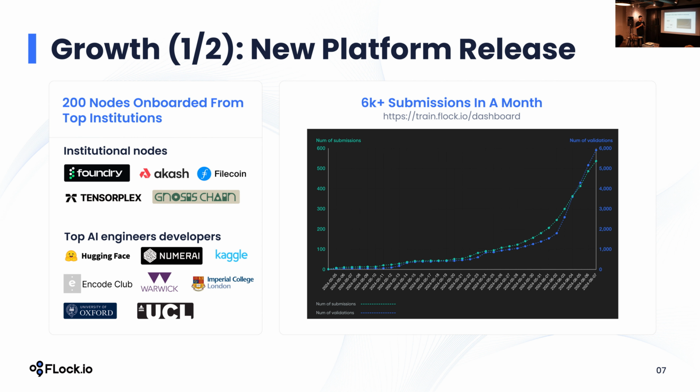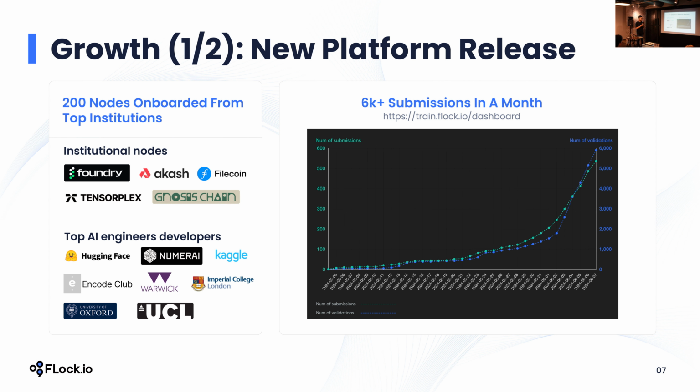We partner with top talented people from the Web3, crypto and AI niche. For example, Foundry, which holds 80% of Bitcoin computation at the moment and is one of the top computation providers for Bitcoin mining. Akash is a very old decentralized cloud service provider.